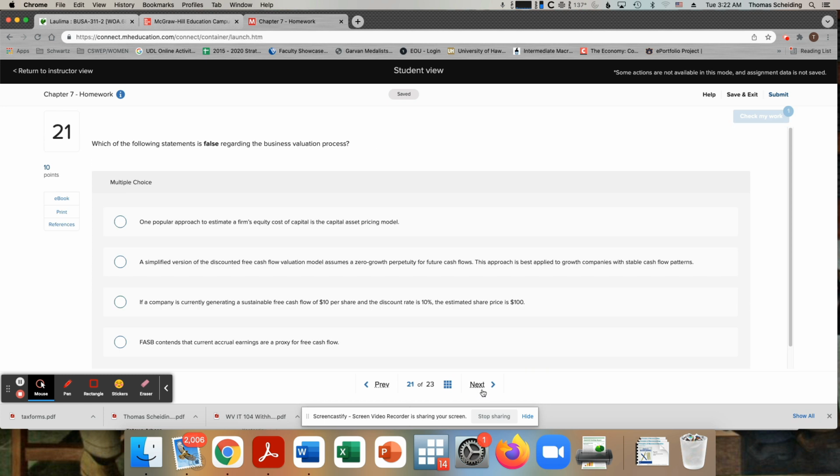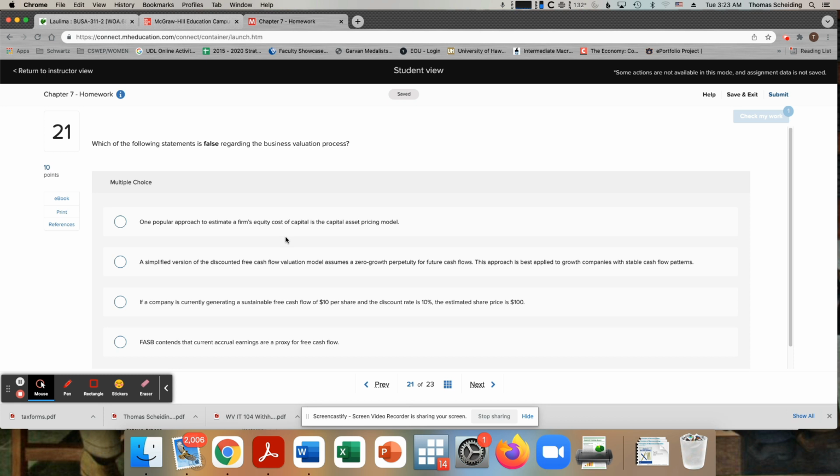Okay, which of the statements are false regarding the business valuation process? One popular approach to estimate a firm's equity cost is the CAPM.